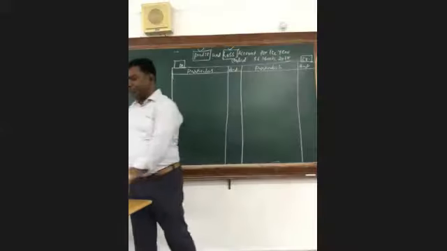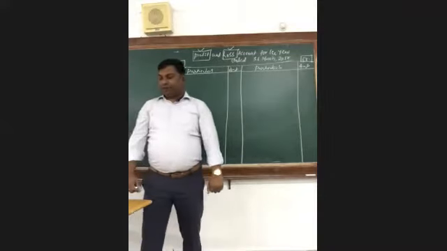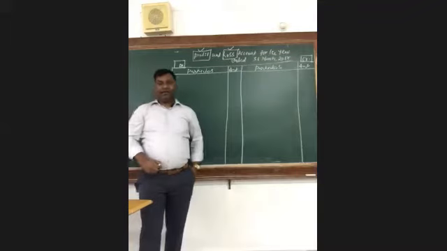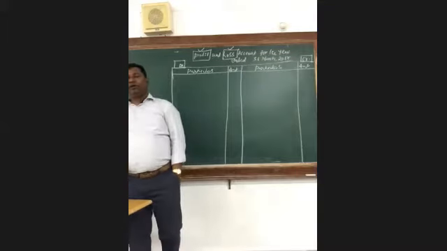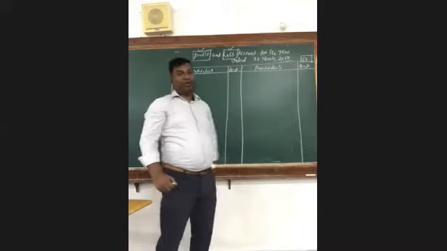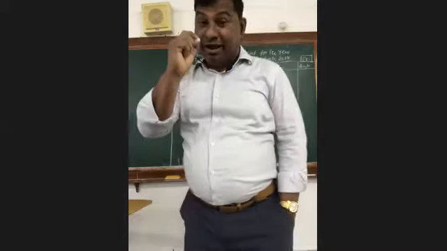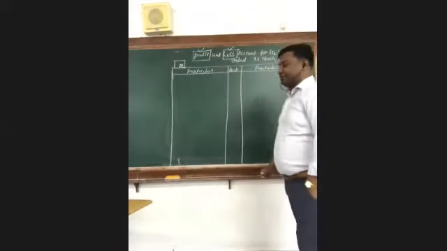Profit and loss account for the year ending. What's the first item when you're starting the profit and loss account? The first item when you were preparing the trading account was opening stock.